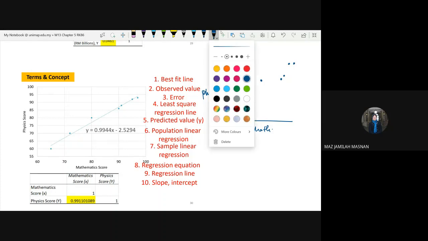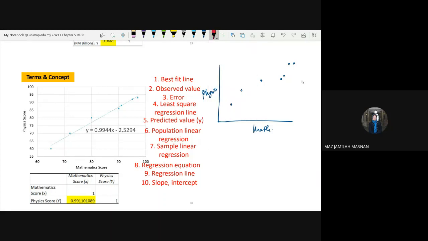Instead of this particular line, I can have my line as this one, also can. I can have my line this one, also can. I can have my line this one also can. But which one is the best? That's why we use our least square method, least.